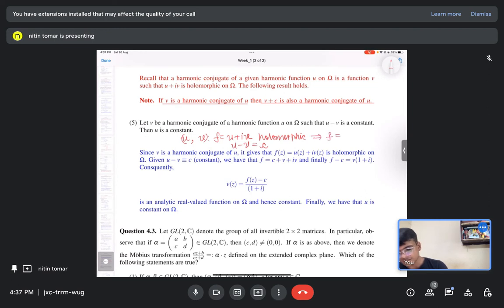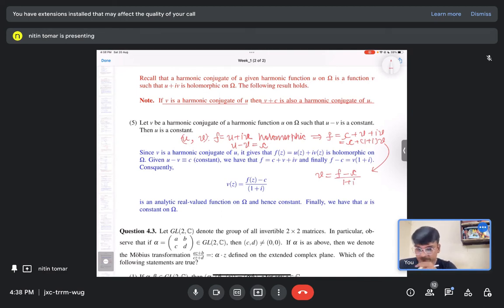F becomes C plus V plus iota V, which is C plus (1 plus iota) times V. Now you can write this V as (F minus C) upon (1 plus iota).